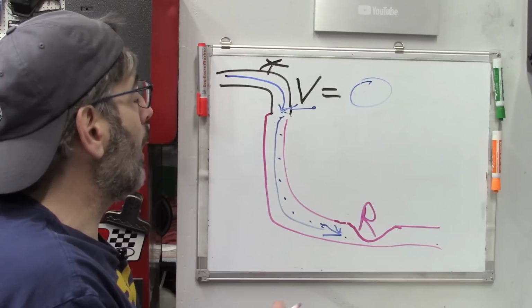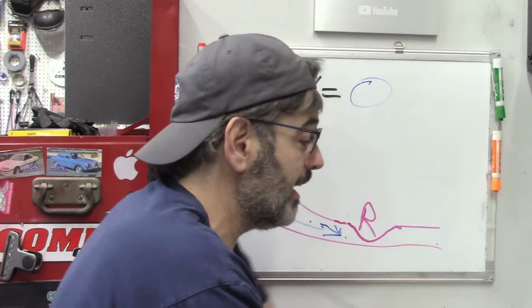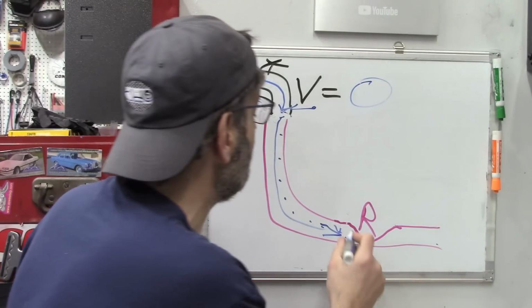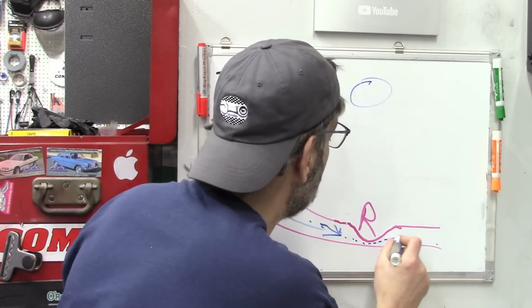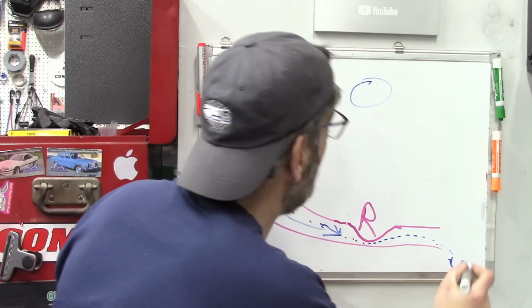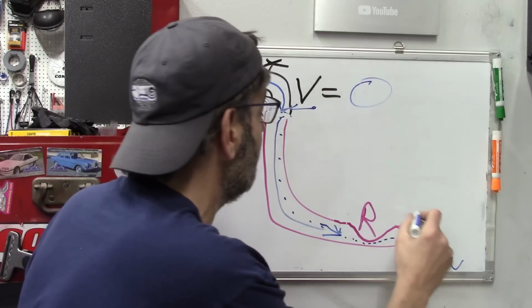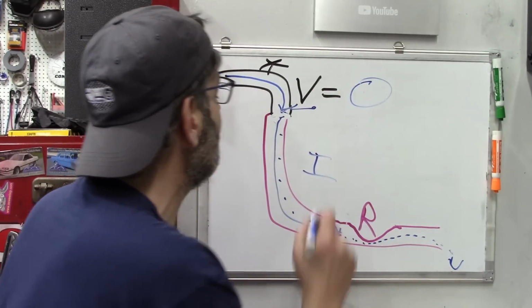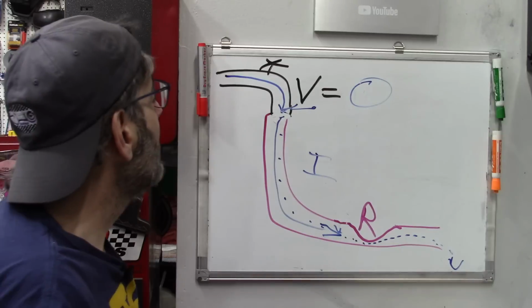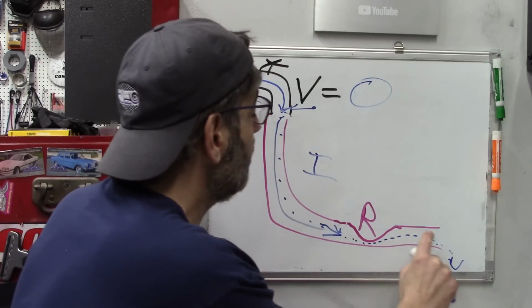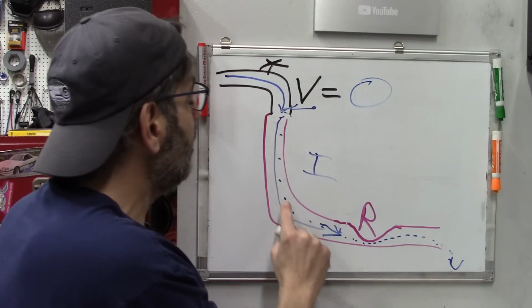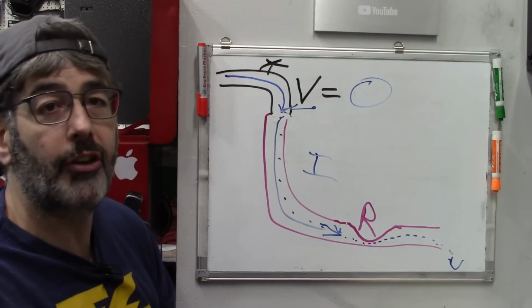Now, there's going to be one thing that's very interesting here, and this is a very important concept to know, and that is we've now lowered our flow. We've lowered our current. The blue is going to be I, current, right? The current is going to always be the same throughout the whole system, okay?